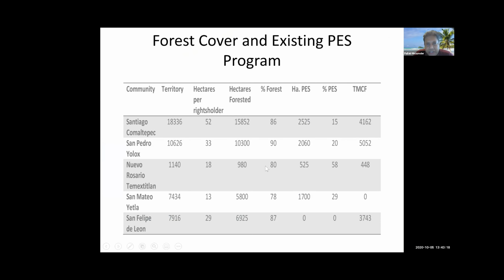So this gives a snapshot of the program in these communities. As I said, 5 different communities. You can see the area, the percentage of forest, and how much is under PES contract. This is total mountain cloud forest, high elevation forest, versus regular forest. And so it has a mix of the two.